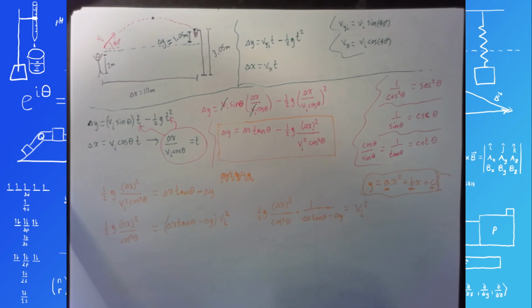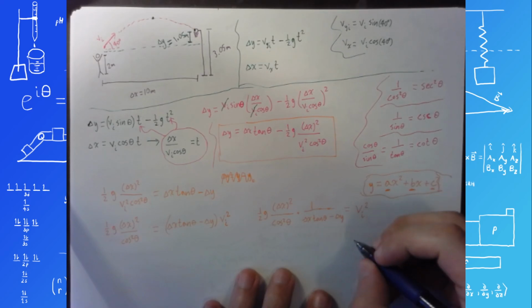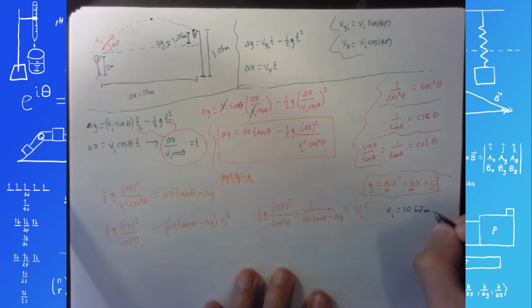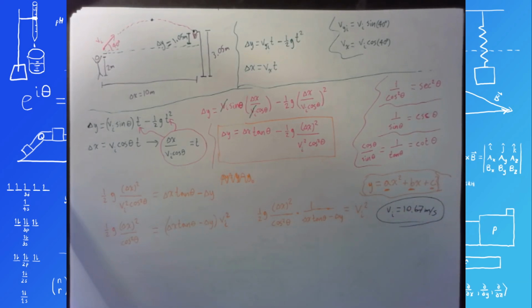Okay, and plugging all that in, I get 113.745263 is equal to v initial squared, and if I take the square root of that, I'll take the positive square root since we're just looking for a magnitude, I get 10.665, which I will round to 10.67. So I get v initial equals 10.67 meters per second is what the ball must have in order to successfully land it into the basket.